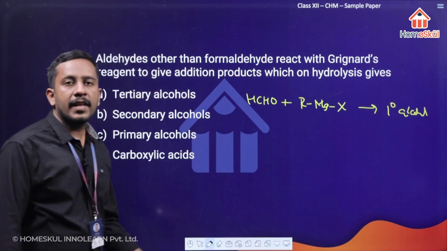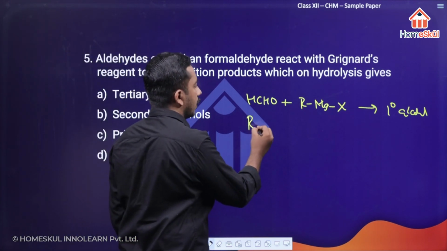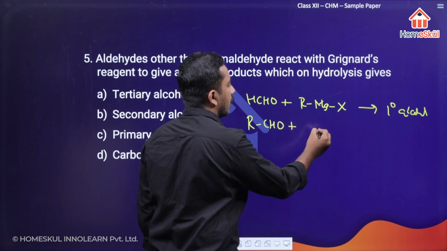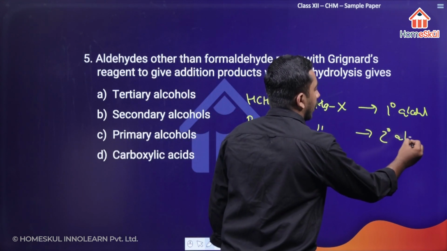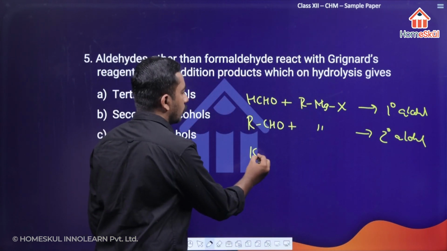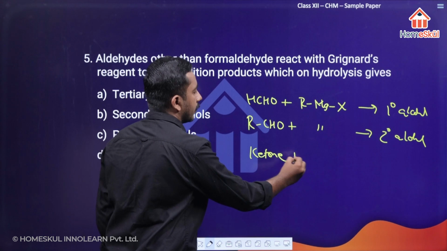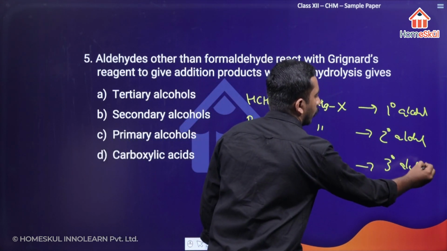And when all the other aldehydes other than formaldehyde, that means RCHO, react with the same Grignard reagent, the product that we obtain will be secondary alcohols. And when ketones react with the Grignard reagent, the product that we obtain will be tertiary alcohols.